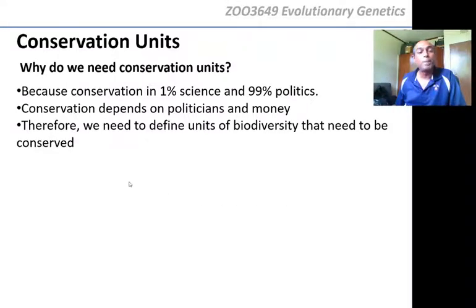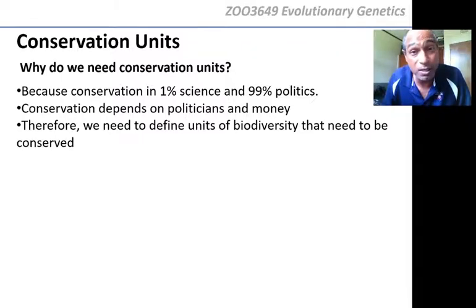But therefore, we need to actually define biodiversity in terms of units. Because what we need to do is to convince the politician to spend money to save a species or a population, right? And as I said, politicians think about themselves and not about the environment or the species or the country or the people, only themselves.